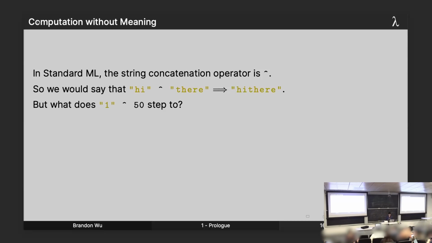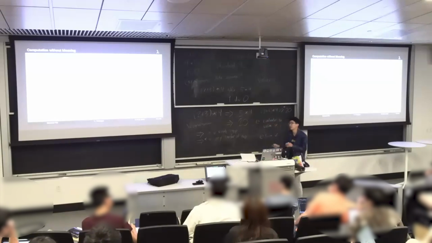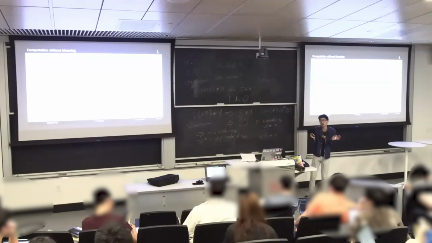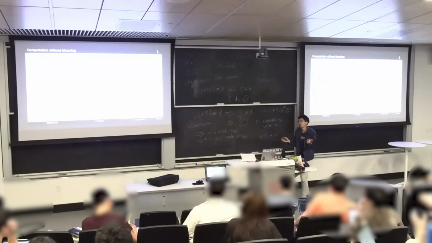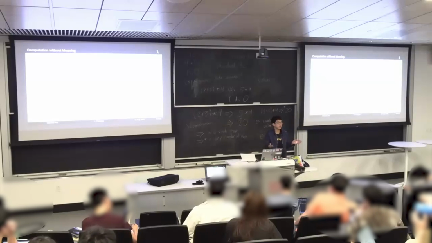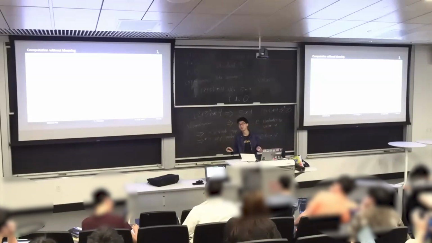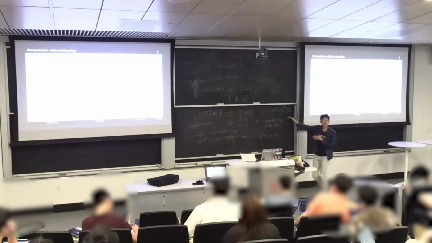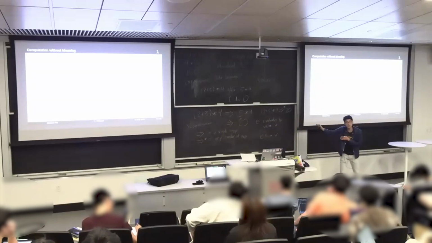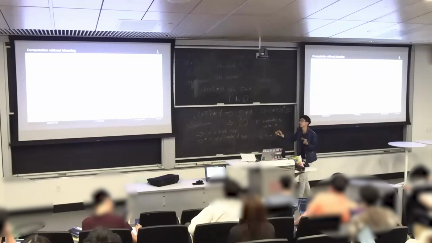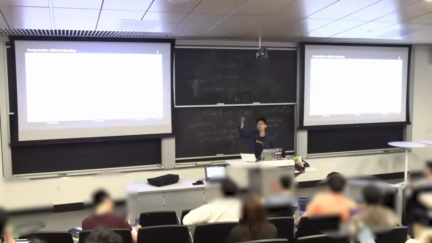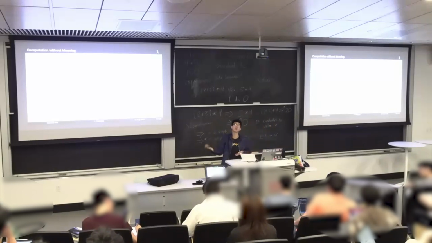Cool. In SML, if you're trying to concatenate the string 1 to the number 50, why are you doing that? You probably didn't mean to do that. And if you are meaning to do that, just don't do that. If this does happen, you probably made a mistake, and mistakes are bugs. But if you do, we want to make sure that we can recover, because programmers do make mistakes.